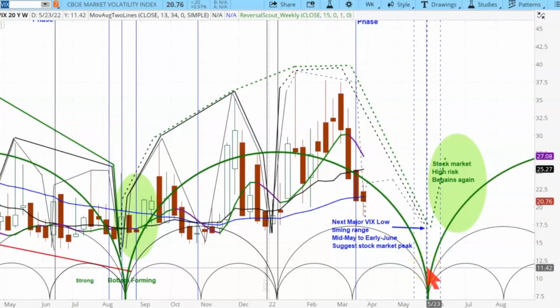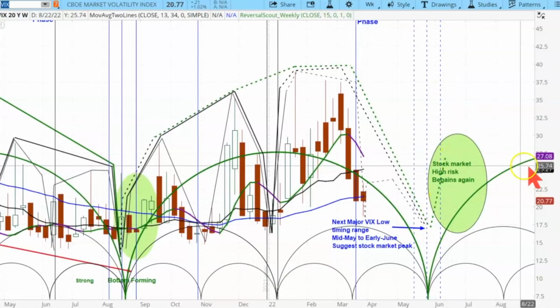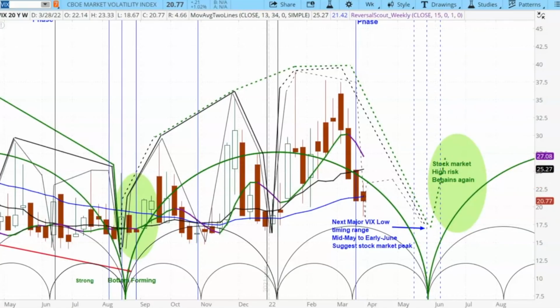We said 4 to 8 weeks from now, likely we're going to see a peak in the market. That's the peak in the stock market at these low implied volatilities. And then the stock market risk begins again. That's why we keep saying this is the time to be a seller in the stock market over these next couple of months as the stock market begins to move up.